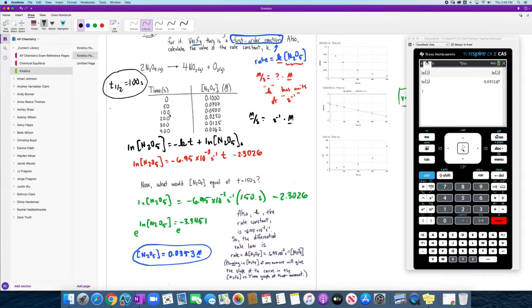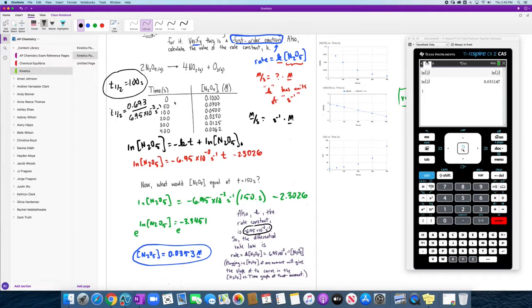We've seen that it's clearly 100 seconds by looking at the data, but let's also confirm that the equation I gave you a moment ago works out. 0.693 divided by k. Now what in the world is k? Here it is, right there. So divided by 6.95 times 10 to the negative 3 per second is the unit.